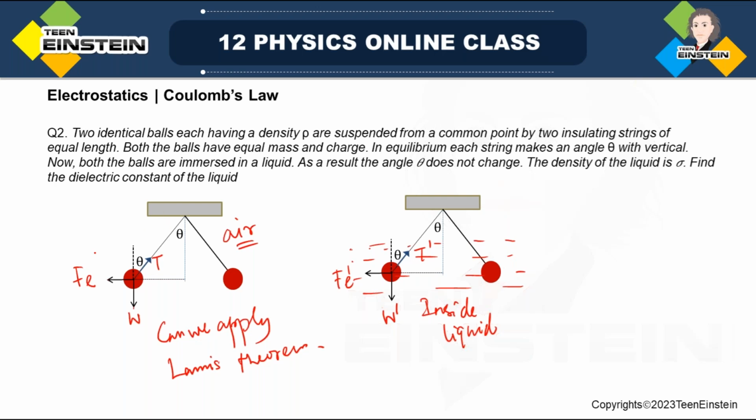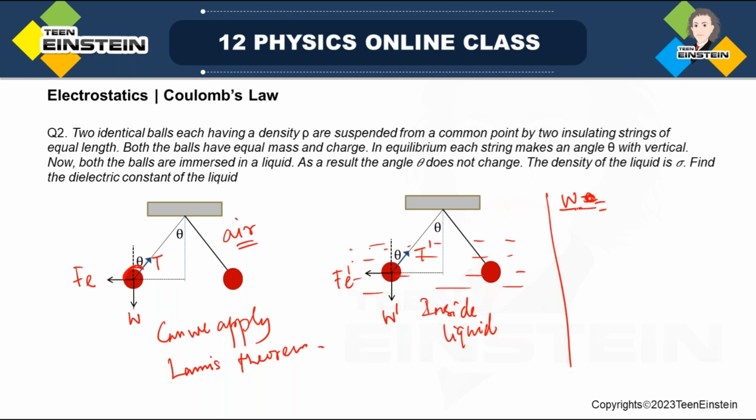Let me write this Lamy's theorem here. If I consider these two forces alone, Lamy's theorem says W by sine of 90 plus theta.